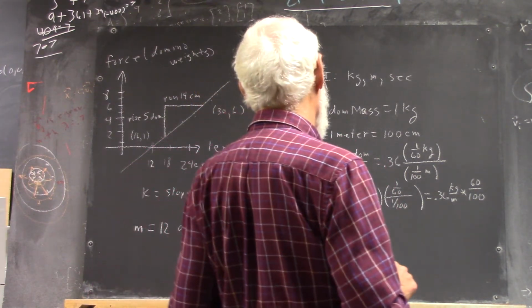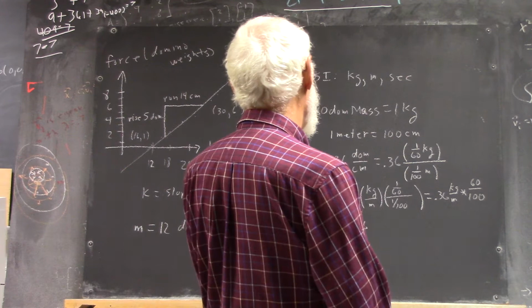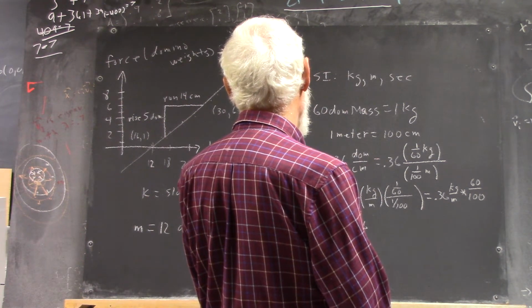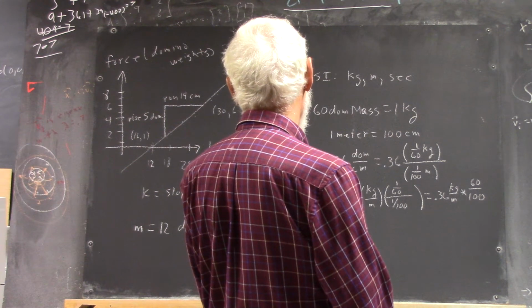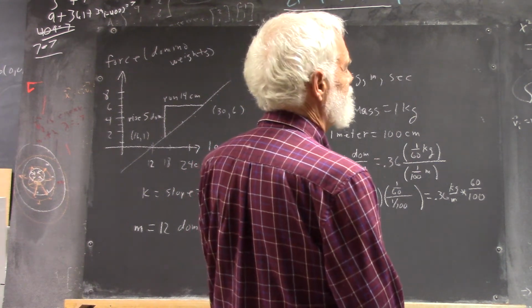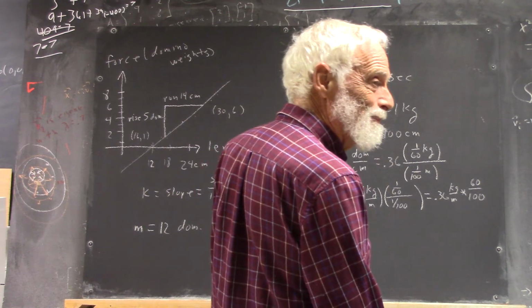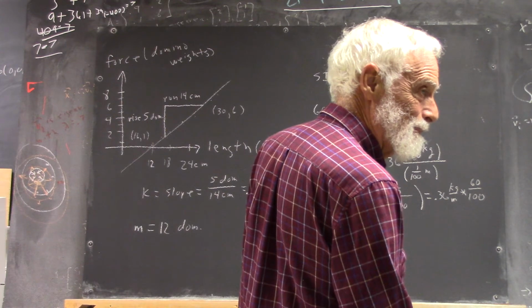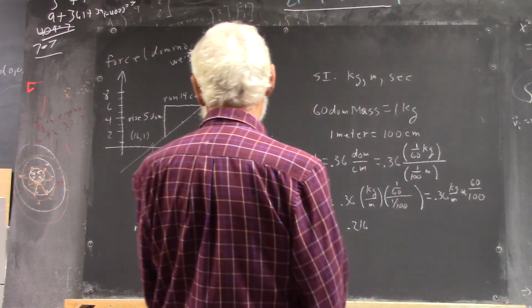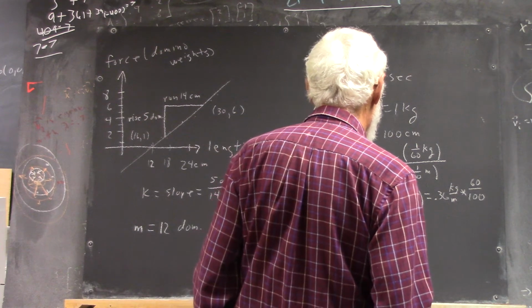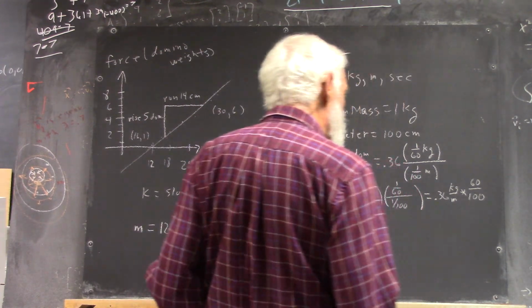You know what? This is kind of really wrong. I'm going to do it anyhow, then I'm going to fix it. Okay? I'm doing this in domino mass, and that's not the right conversion for domino mass.